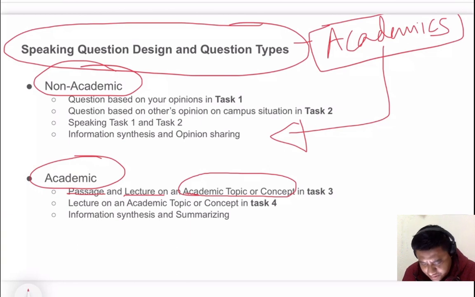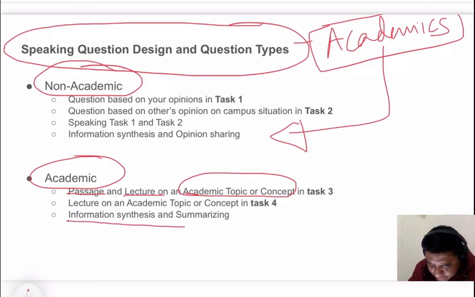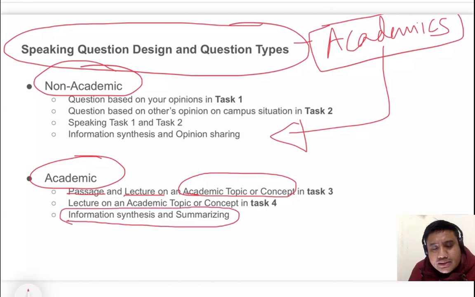Okay, so when we talk about the academic part, you might have to read passages, and then you might have to listen to lectures on academic topics. Usually, the reason why they give you that particular question is to check whether you can synthesize and summarize information that you have just listened to. So in academic questions, you either have to listen to a lecture or a passage, right?